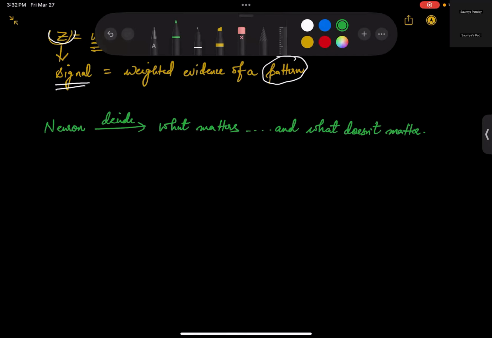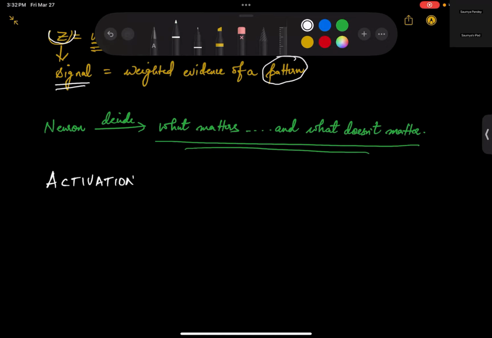So yeah, where were we? Neuron needs a way to decide what matters and what doesn't. And then comes our activation function. Activation function. And there are a lot of activation functions.